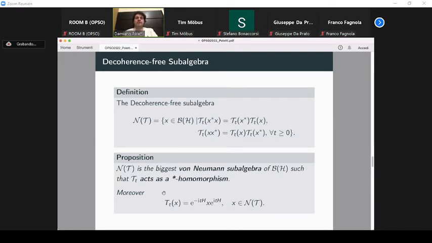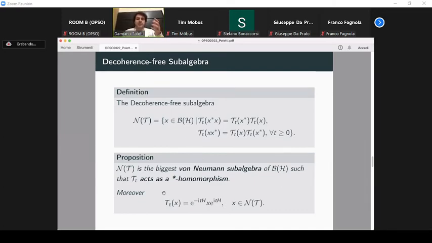So this evolution is the same that one would get whenever considering the system as a closed quantum system. So the decoherence-free subalgebra is the biggest such subalgebra.